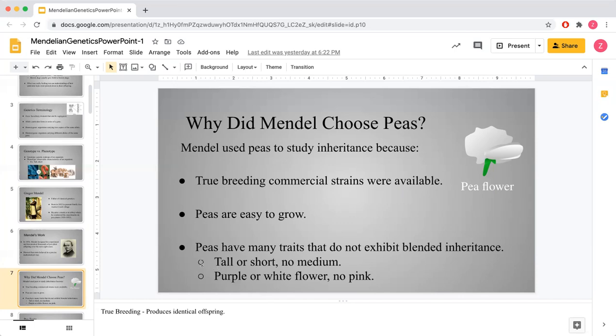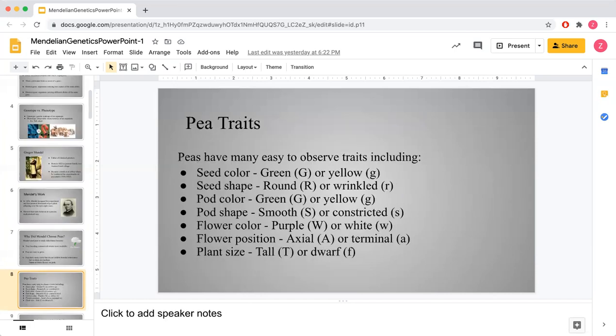So pea plants are either tall or short. There's no medium. They're either purple or white flowered. There's no blended in-between pink. There are many pea plant traits that he studied. A particularly important one was flower color, purple or white.